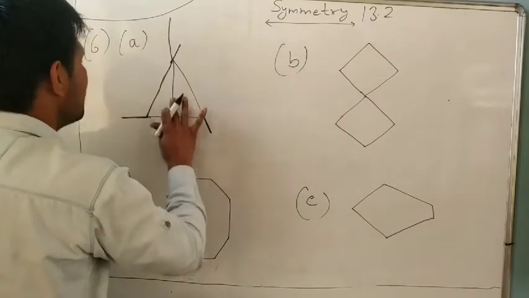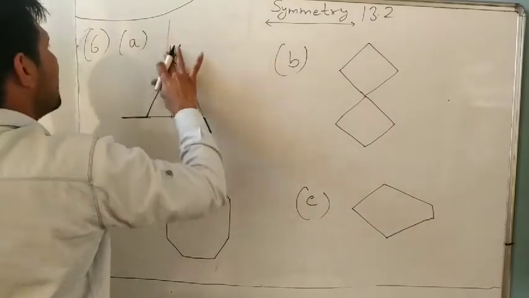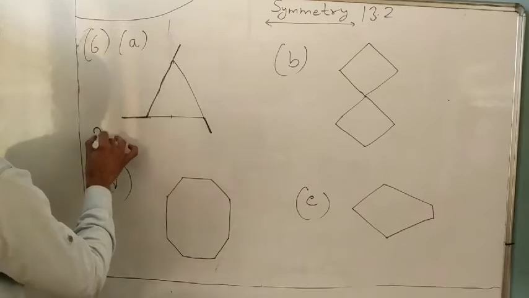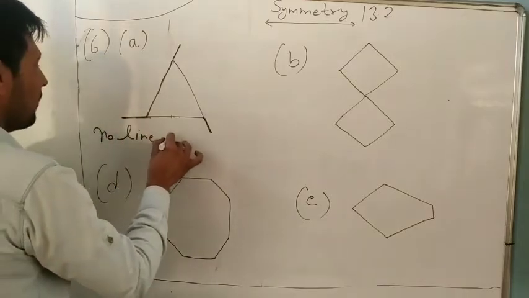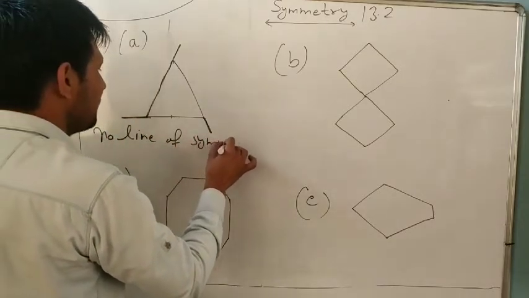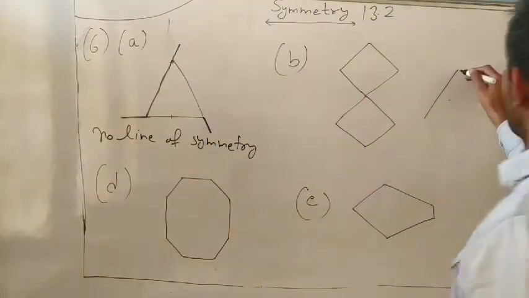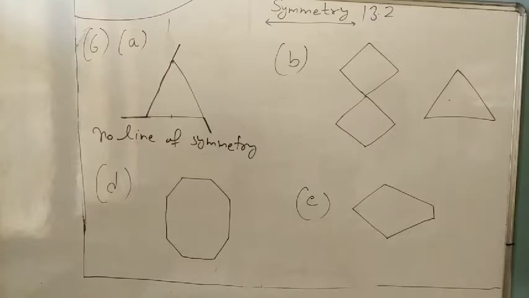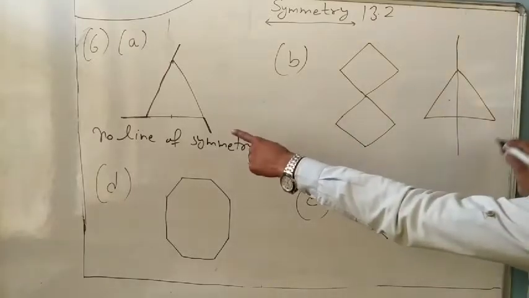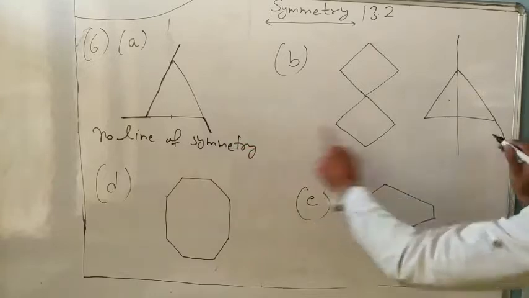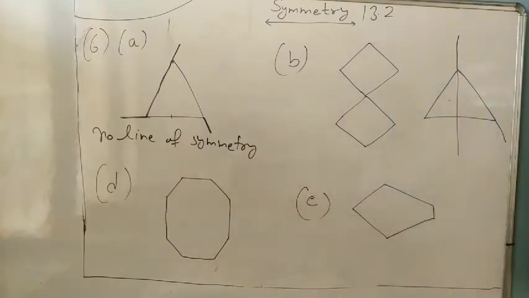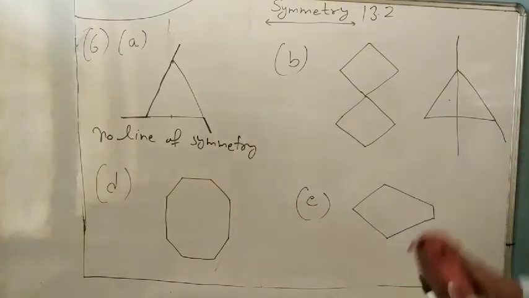So it means in this figure there is no line of symmetry. If we take a simple isosceles triangle, it has a line of symmetry, but in this figure the left side's downside line is not given. That's why in this figure no line of symmetry.